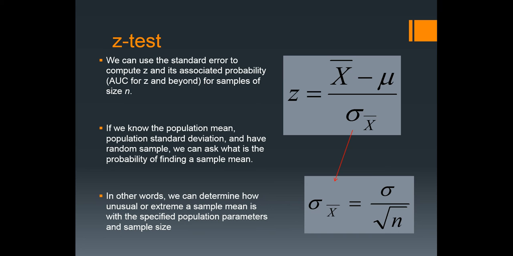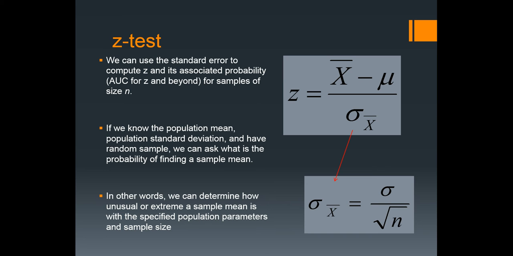You should have a random sample, although with humans that's pretty hard to accomplish. And we basically can ask, what's the probability of finding this sample mean in a population with a mean of the population mean? So let's say the population mean is 100, our sample mean is 95. We can ask, okay, how unusual would that be?